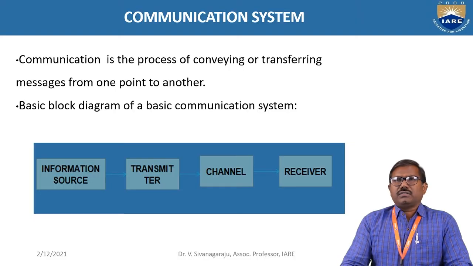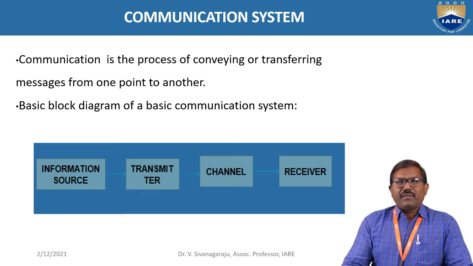First, what is communication? Communication is the process of conveying or transferring messages from one point to another. Here we have the important blocks in this communication system. The first block is the information source. That means we require some information.